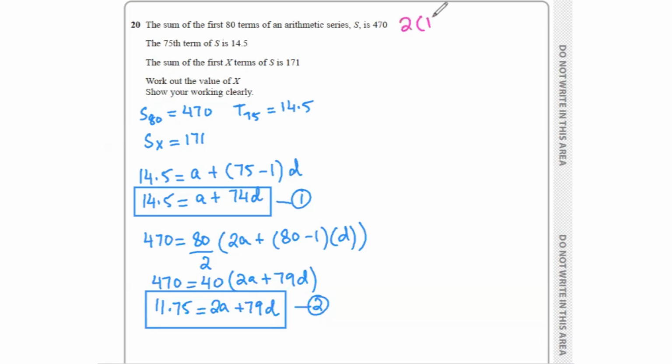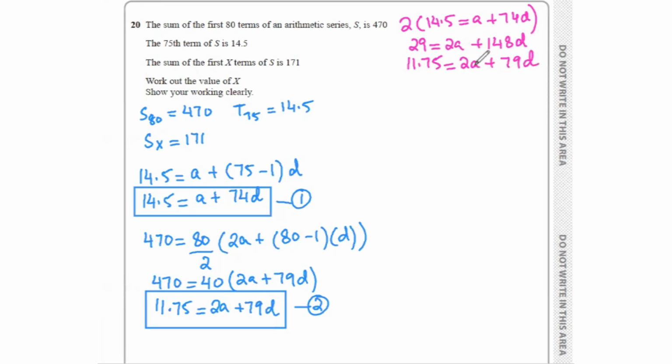So 2 times 14.5 equals A plus 74D, which is going to give us 29 equals 2A plus 148D. I'm going to solve this with equation number 2. So 11.75 equals 2A plus 79D.